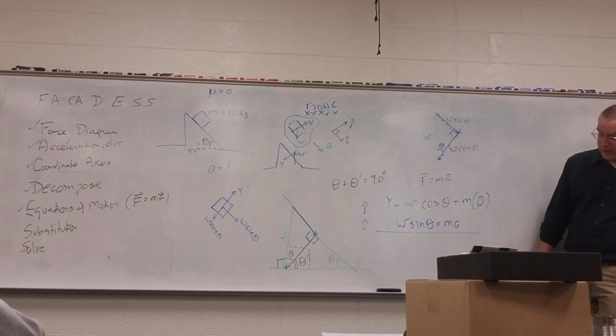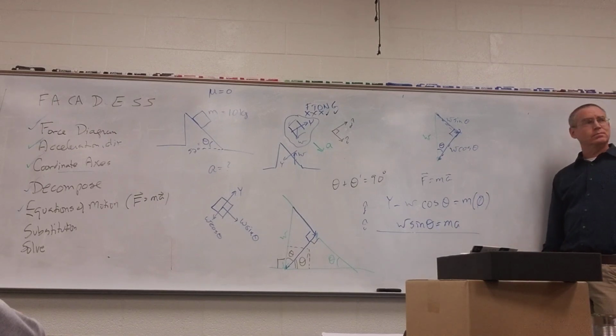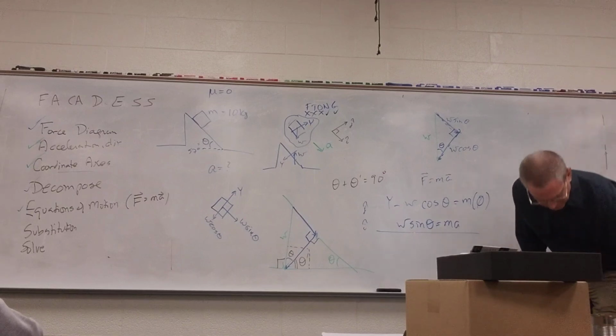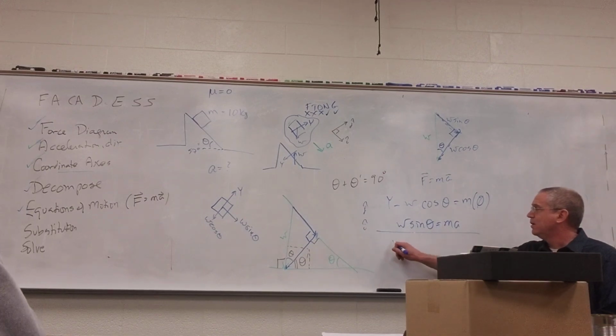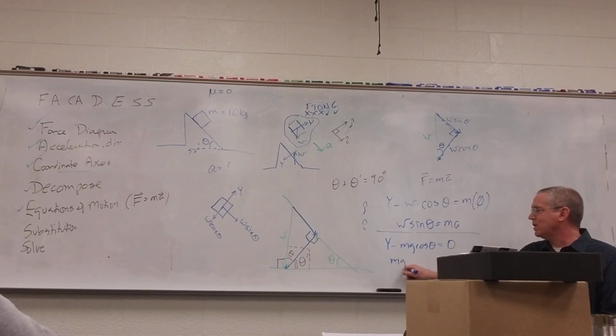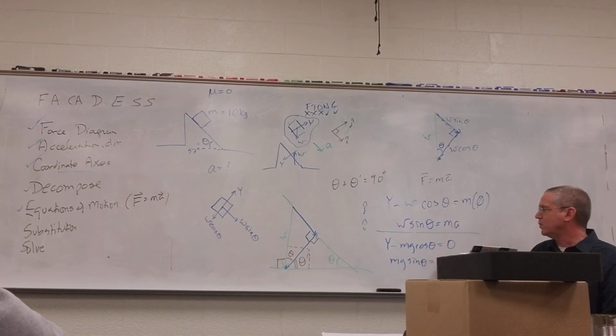All right. For what do we have an independent formula? Martina, I think you just mouthed it. Yes, we have a formula for weight. What is the formula for weight? All right. So we have y minus mg cosine theta is equal to 0. And we have mg sine theta is equal to mass times acceleration.